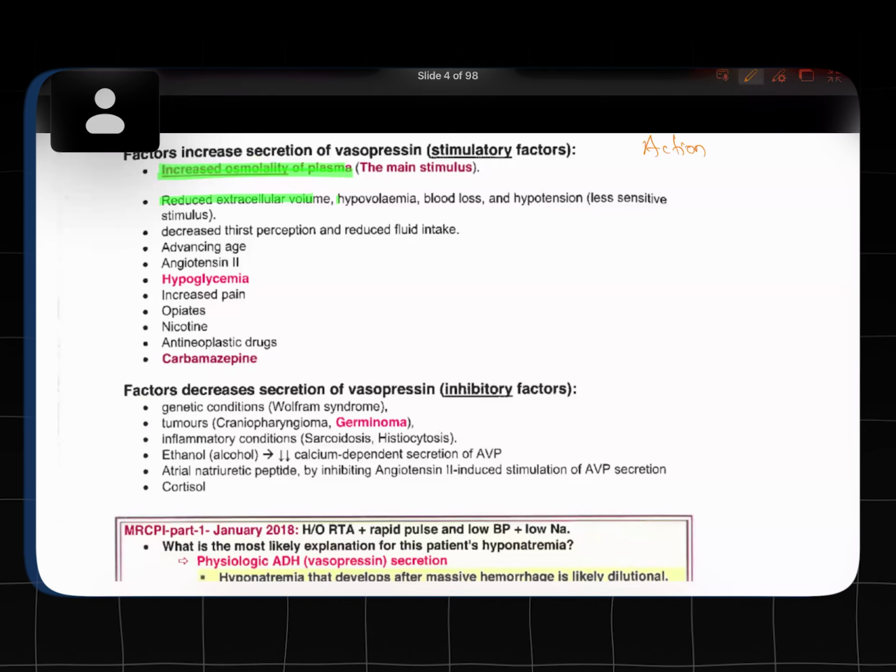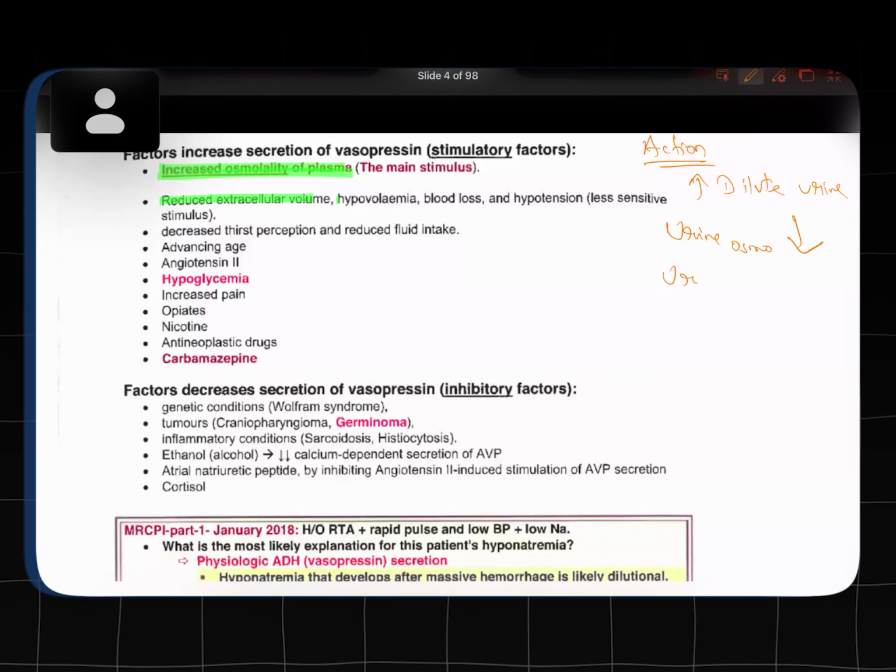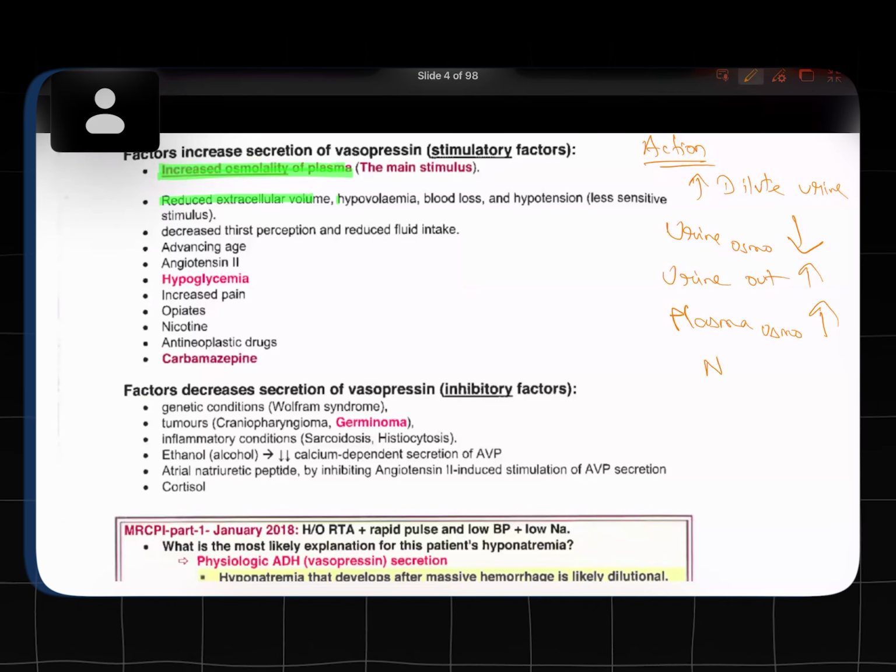The action is it produces concentrated urine, so the urine osmolality will obviously increase, and the urine output will decrease. In diabetes insipidus, a lot of dilute urine is produced, the plasma osmolality will increase, and consequently the plasma sodium will rise. So this is the action.